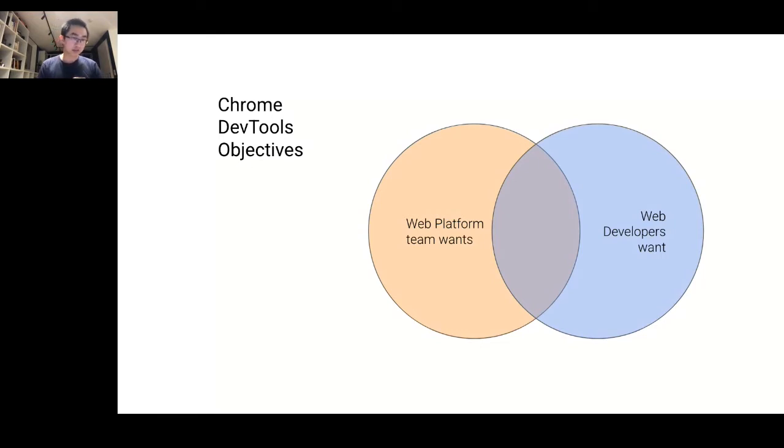But then at the same time, we also want to improve the support of DevTools for the web platform. And when I say web platform, what I'm thinking about is the web platform team at Google as part of the Chrome organization.